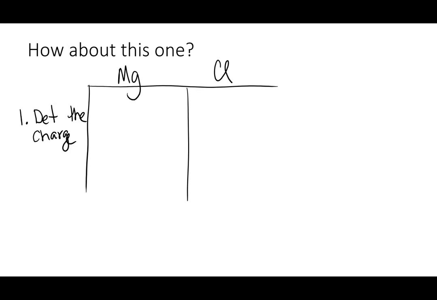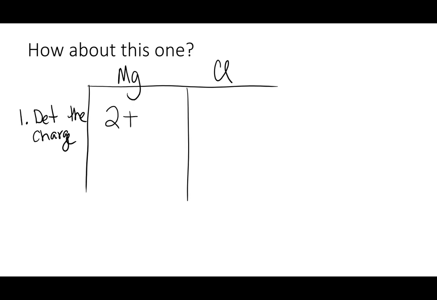So it's going to have 2 valence electrons. Is he going to give those electrons away, or is he going to steal electrons? He's going to give them away. So when magnesium gives away 2 electrons, he's going to have a positive 2 charge.